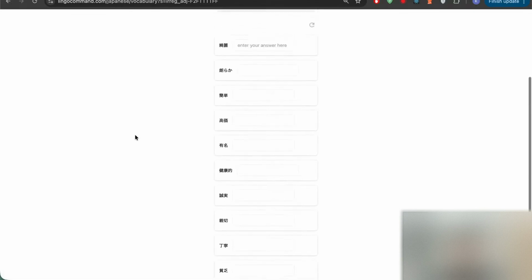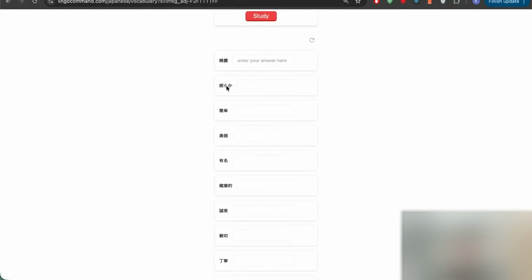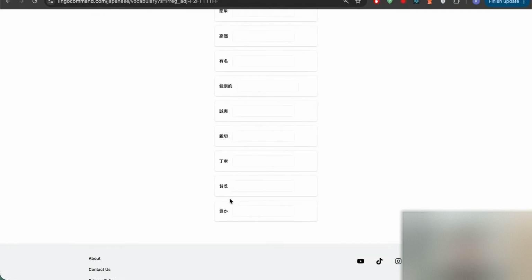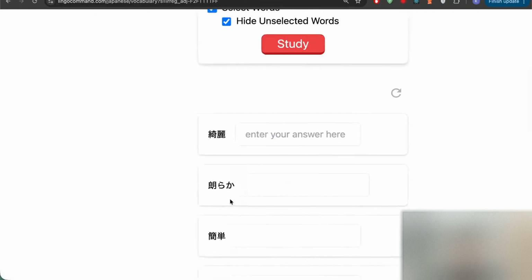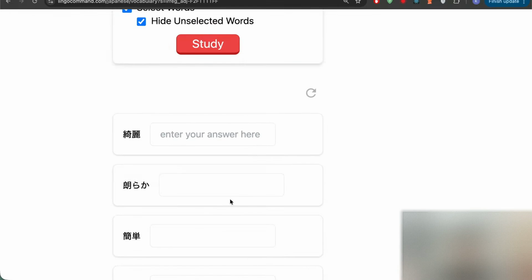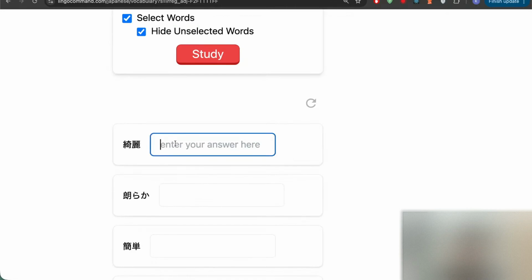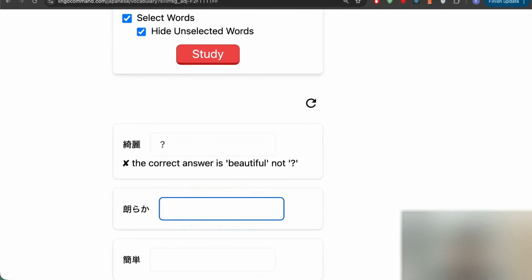And now we've got a quiz containing 11 irregular adjectives in Japanese. And I don't know any of them for the kanji. Whew. So this first one is beautiful, which is kire.